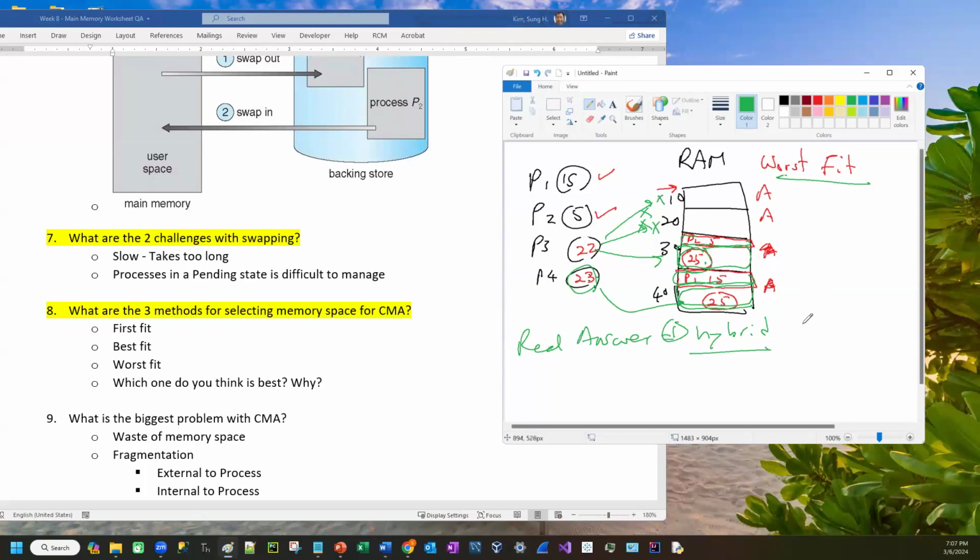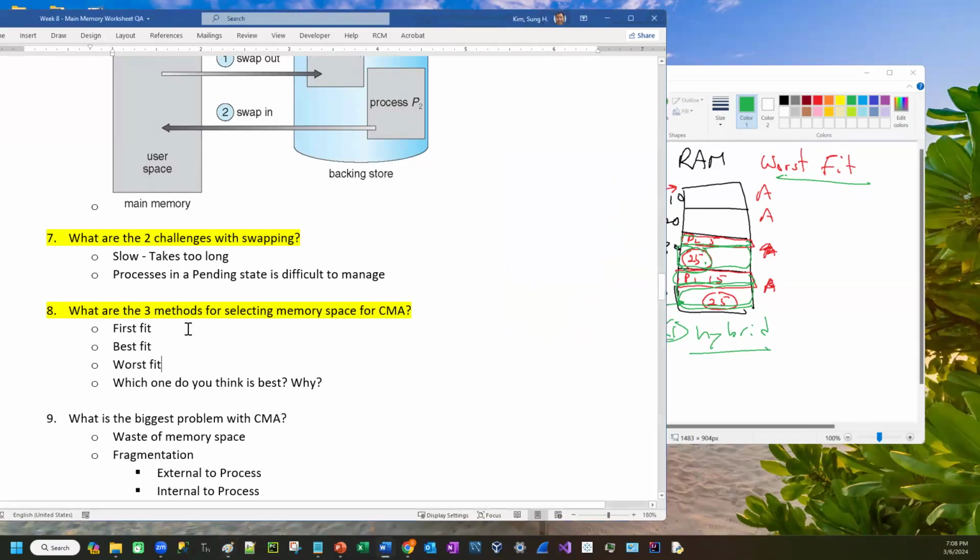In the beginning, we'll use the first fit because we don't need to worry about anything. This first fit is really good because it's fast, right? Now the best fit is good because it leaves less waste, right?